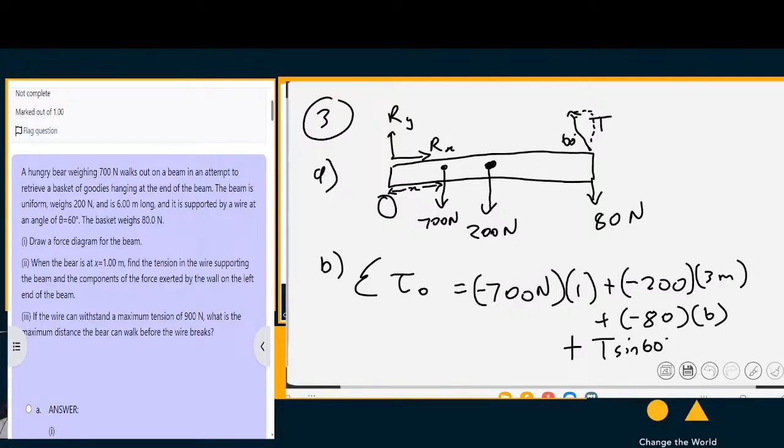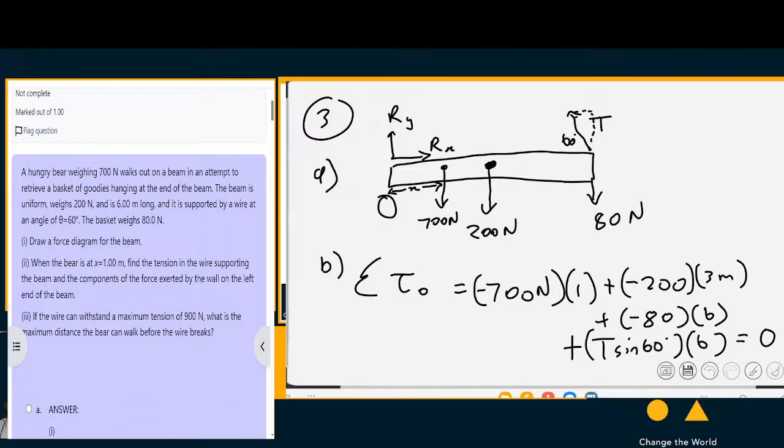So the vertical, perpendicular component of the tension will be T sine 60 multiplied by the distance of 6 meters too. So you have everything. The sum of the torques must be 0. So you have everything that you need to calculate the tension.